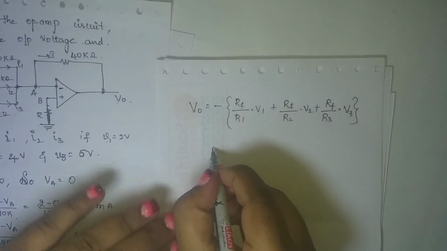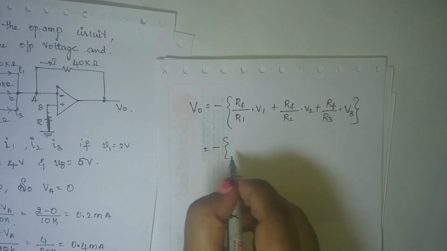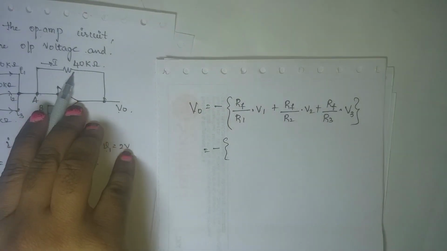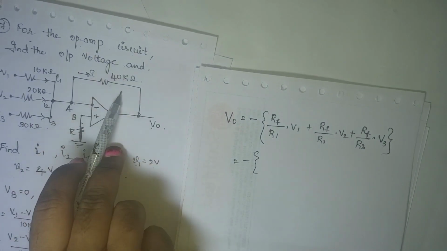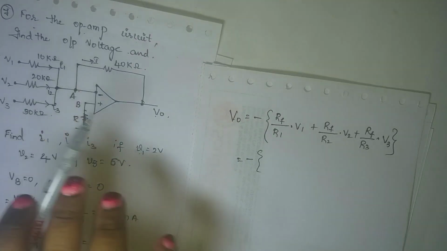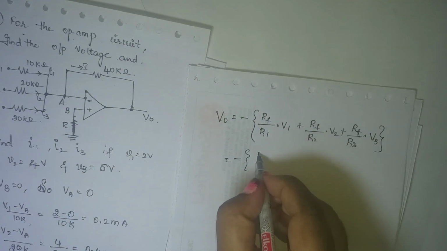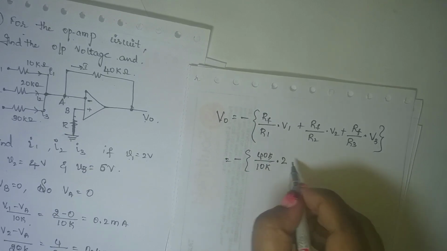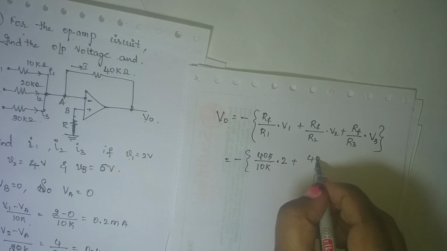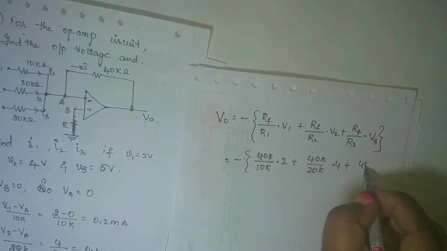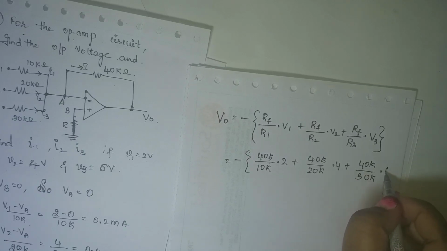RF is 40K, R1 is 10K, R2 is 20K and R3 is 30K. So 40K divided by 10K into 2, plus 40K divided by 20K into 4, plus 40K divided by 30K into 6.